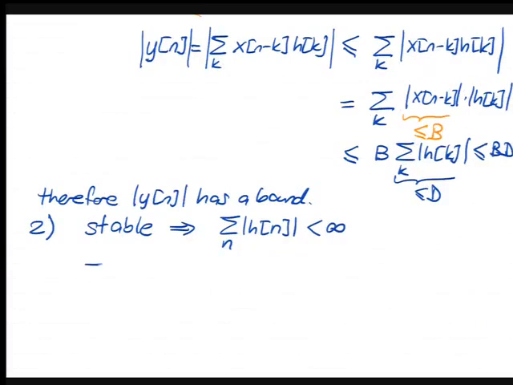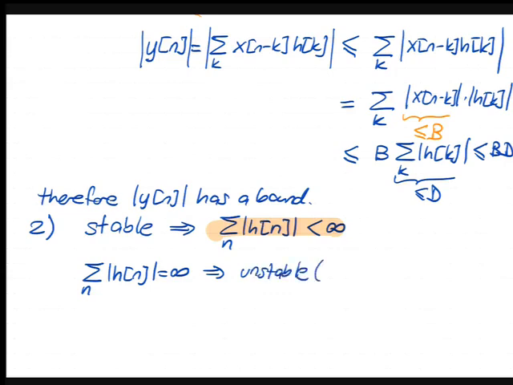So I'll quickly write that as the sum of h of n over n is infinity. Okay, so that's the opposite of this, right? This is the negation of this. That should imply the negation of stable, which means unstable.